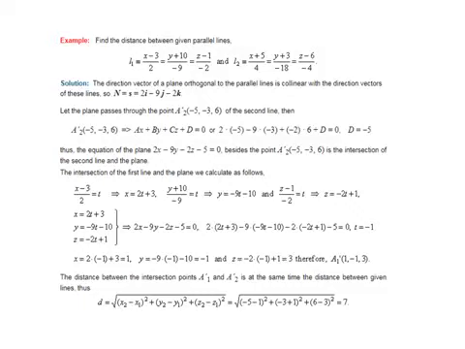Hence, the obtained parametric equations are x equals 2t plus 3, y equals minus 9t minus 10, z equals minus 2t plus 1, which implies that 2x minus 9y minus 2z minus 5 equals 0.